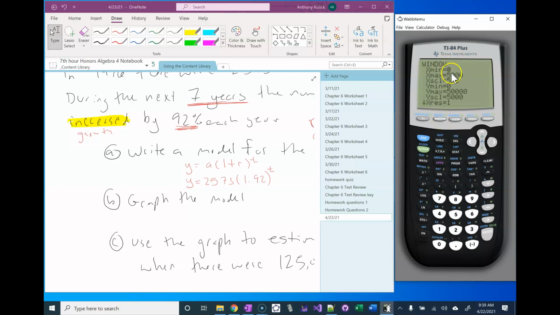This model is only good for 7 years, so I'm going to go from 0 to 7. And my x scale, if I'm only having 7 units on my x-axis, going up by 1 seems appropriate.